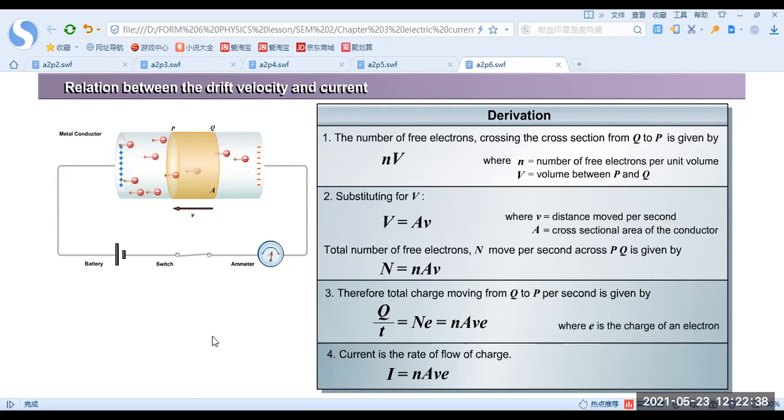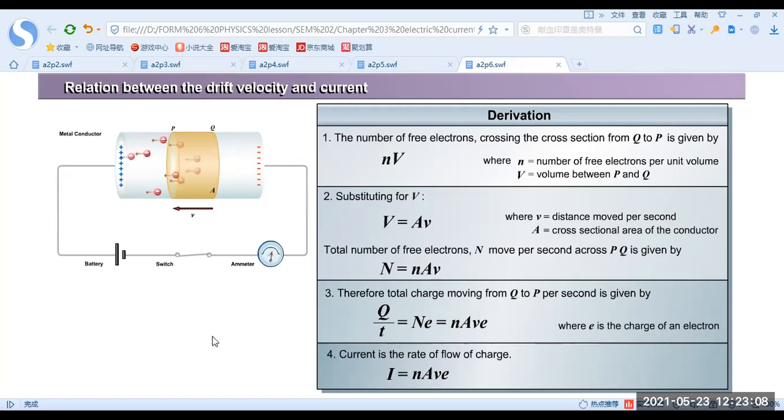The total number of free electrons moved per second across PQ is nAv. Therefore, the total charge Q over t equals nAve, which means Q over t is I, equal to nAve.